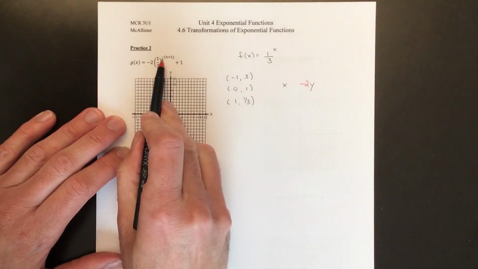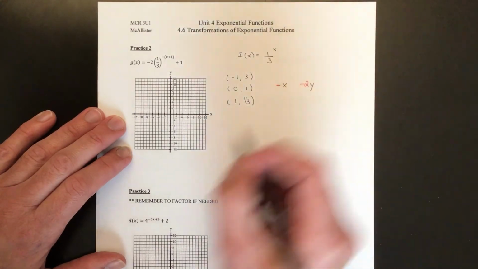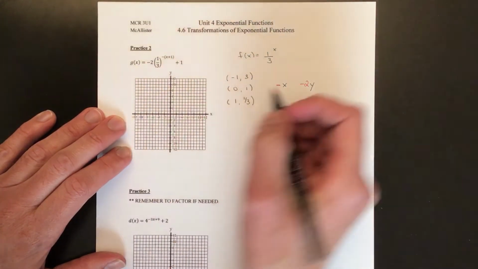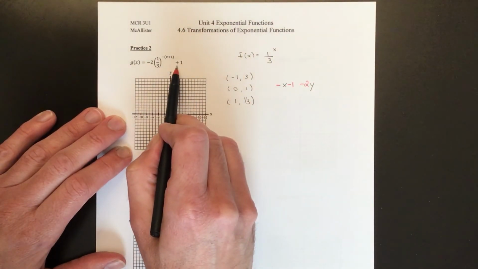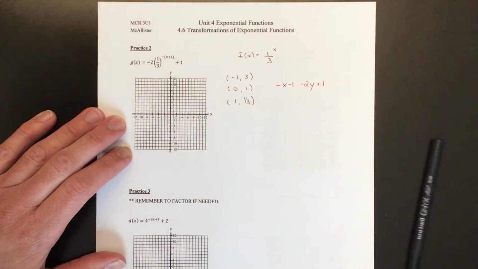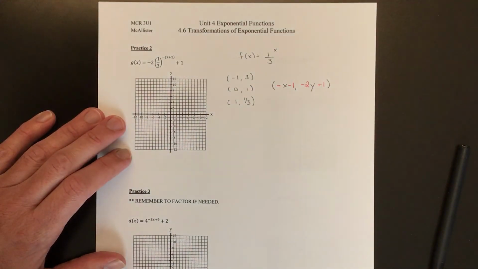I have a negative up here in front of the x, separated by a bracket, so that's the k value. So the reciprocal of a -1 is still going to be a -1. So -x plus 1, do the opposite, -1. And then 2y plus 1. And that becomes my new expression.